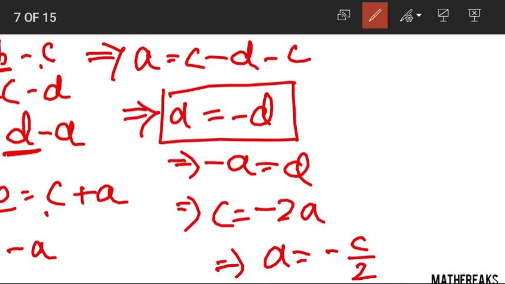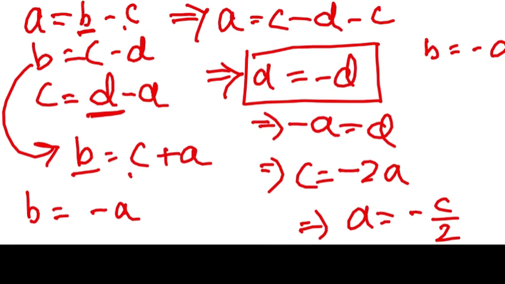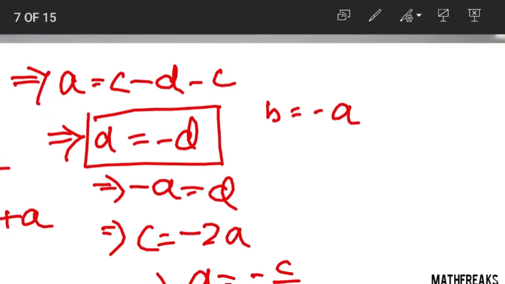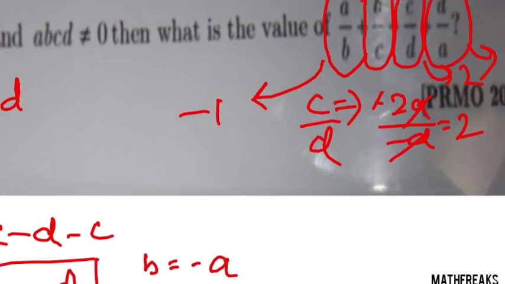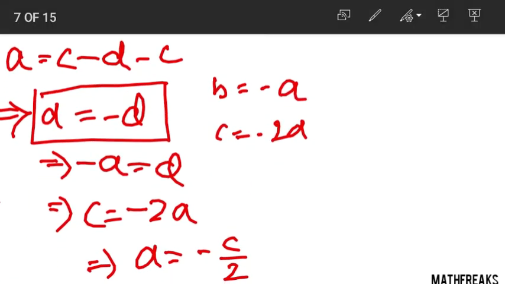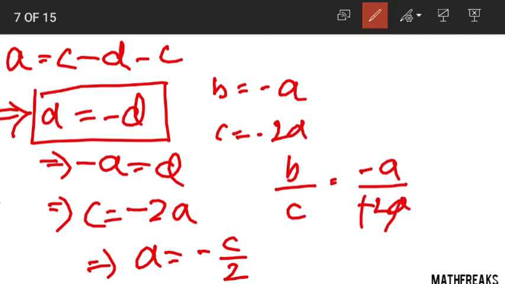Our b was minus a, and our c was minus 2a. So what was b upon c? b upon c is nothing but minus a upon minus 2a, so it is half.